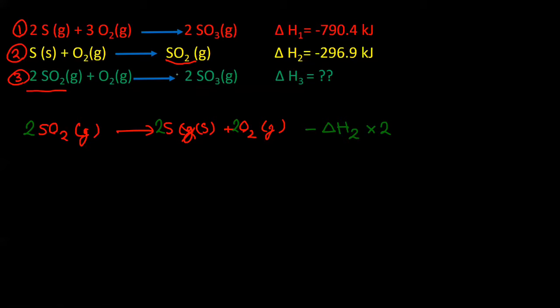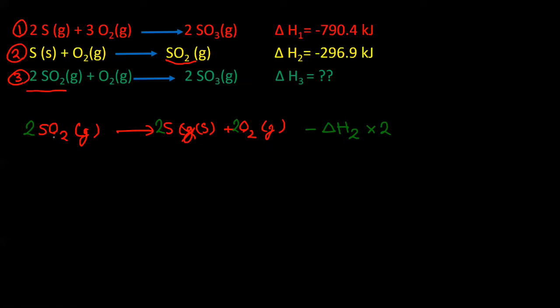Again, when we look at reaction number 3, we see we have SO3 here, 2 SO3. We don't have any SO3 in reaction number 2, but we have 2 SO3 in the product of reaction number 1. And we need 2 SO3 in the product of reaction number 3.